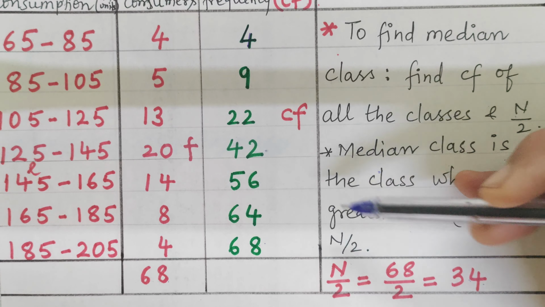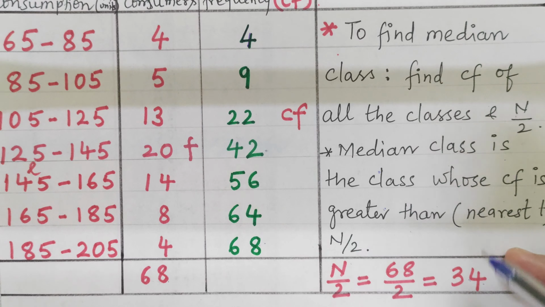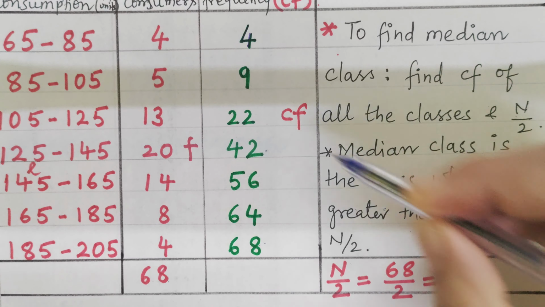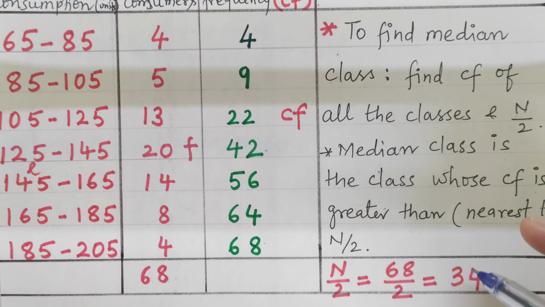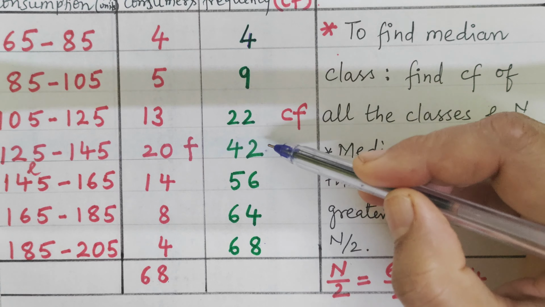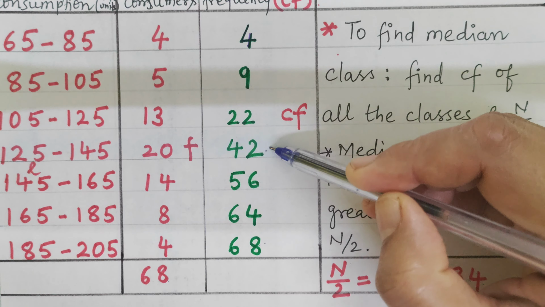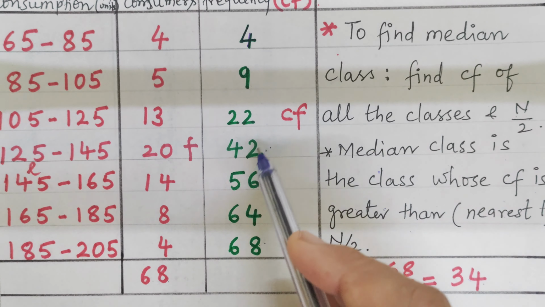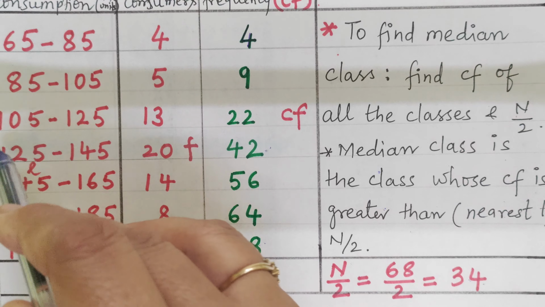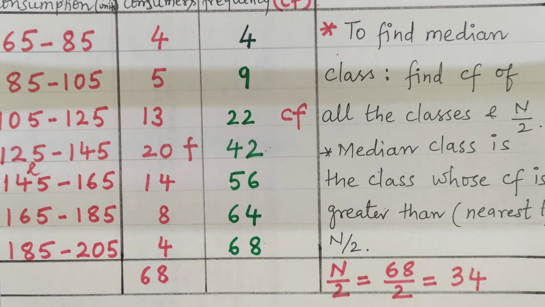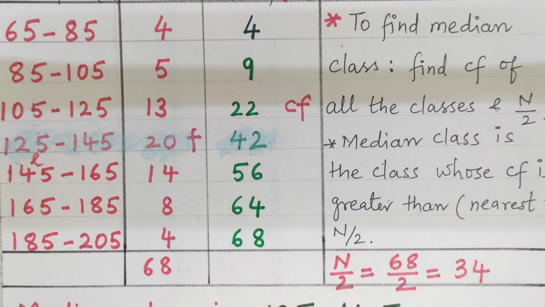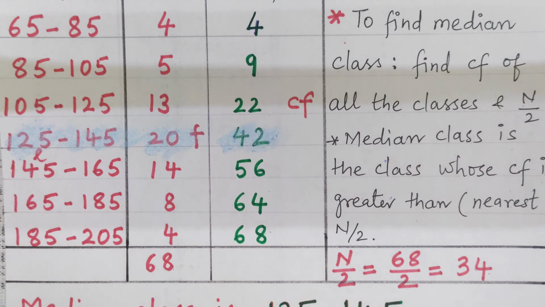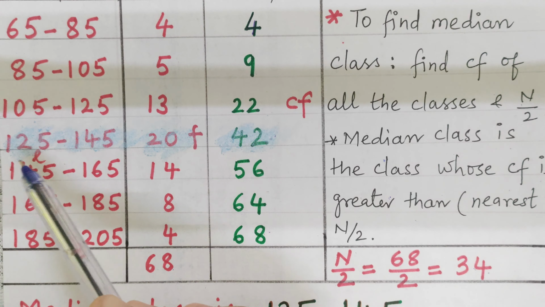More than 34 and nearest to, so both things we have to take care. So 34 is n by 2. So this cumulative frequency we will choose, and therefore this will be the median class.